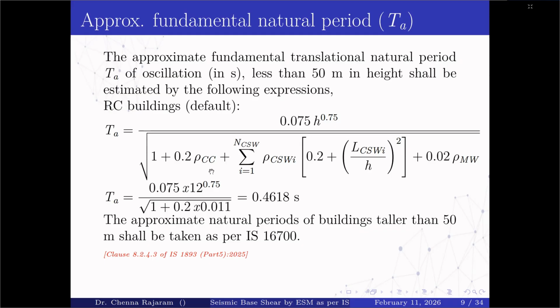The other parameters are given in the denominator of this equation: 1 plus 0.02 rho cc. This rho cc is the structural column density, rho mv is the structural masonry density, and rho csw is the structural wall density parameter.